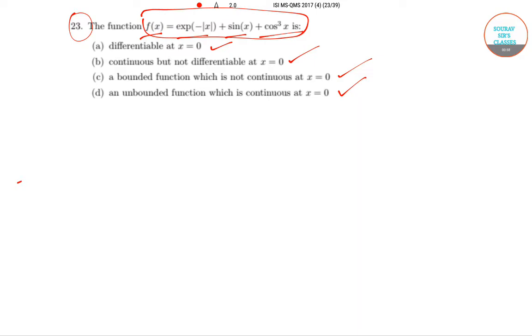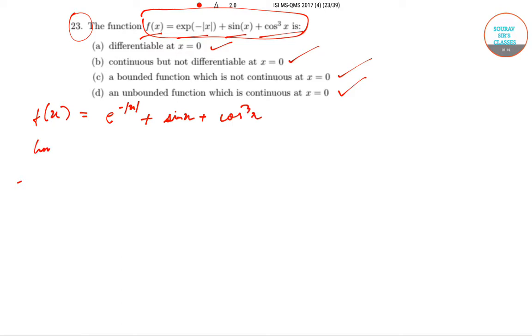What we have to find over here: we have been given that f(x) is equal to e to the power minus of mod x plus sine of x plus cos cube x.